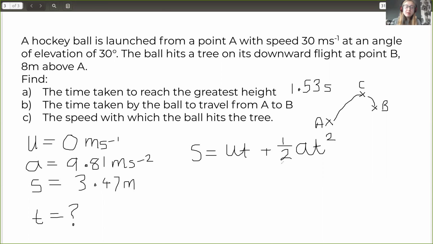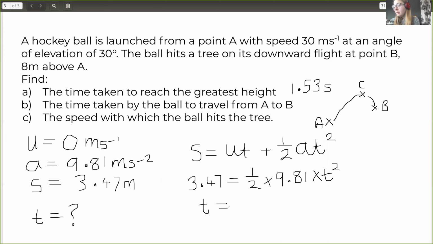And helpfully, because our U here is 0, that bit's going to disappear. So we're going to get 3.47 is equal to a half times 9.81 times T squared. And if we have a go at rearranging that, we work out that T works out at 0.841 seconds.